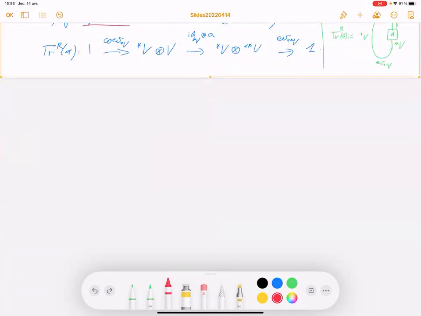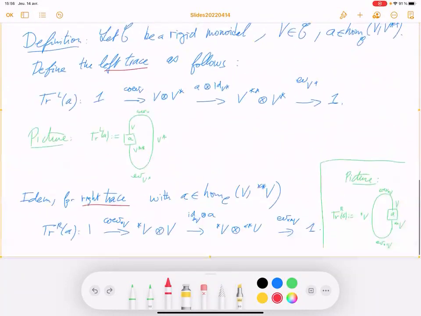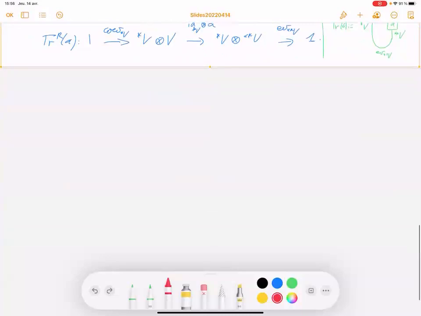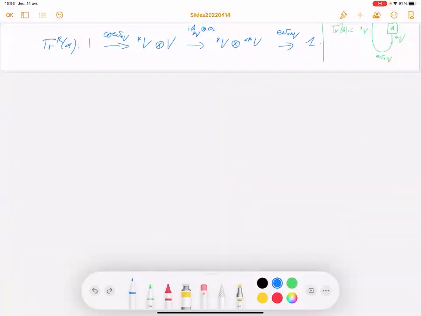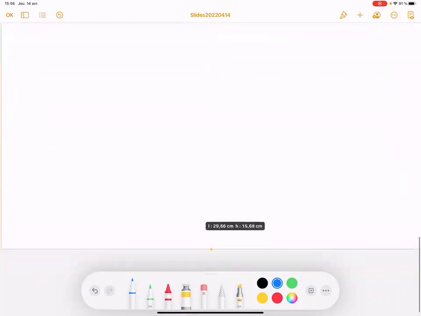So, now this is a remark about the relation between such a trace and a scalar, because in linear algebra the trace of a matrix is a scalar. It's an element of the field.